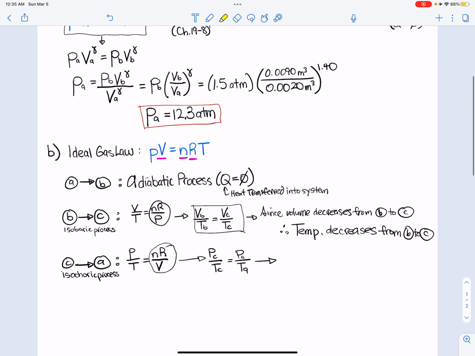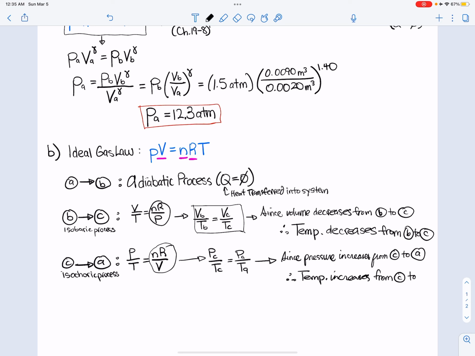So we can say that since pressure increases from state C to state A, therefore temperature increases from state C to state A. And that really tells us all we need to know about where heat enters the gas during the cycle, and when heat leaves the gas during the cycle.